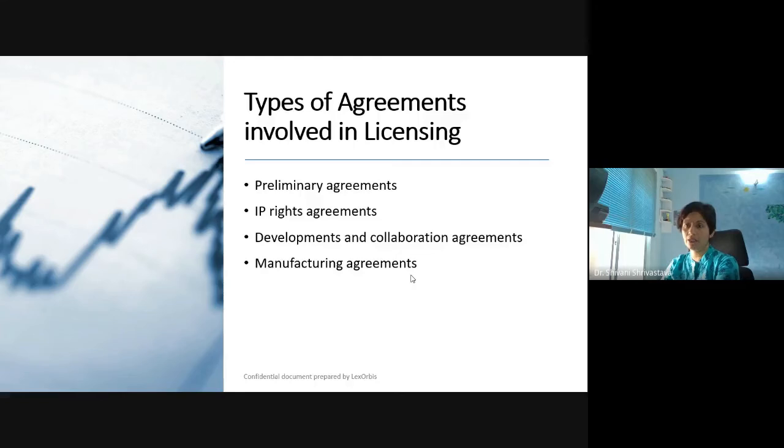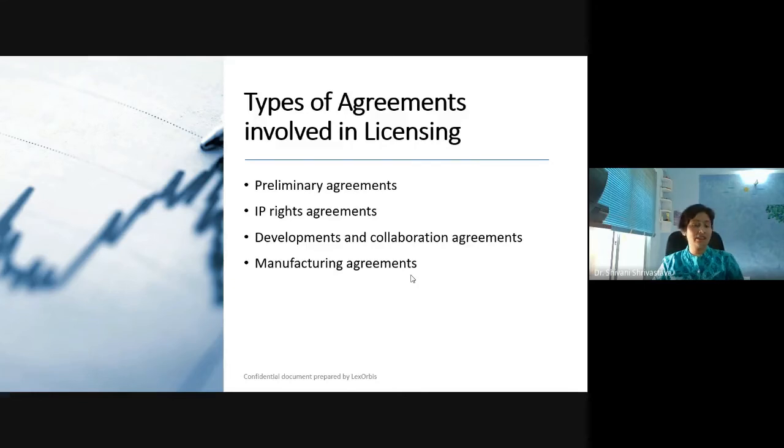People usually sign an NDA with other parties when they are going to disclose confidential information, or if they are sharing any technical information. Then IP rights agreements. There can be multiple agreements related to different kinds of IP. It can be a patent assignment agreement, patent license agreement, or trademark license agreement.